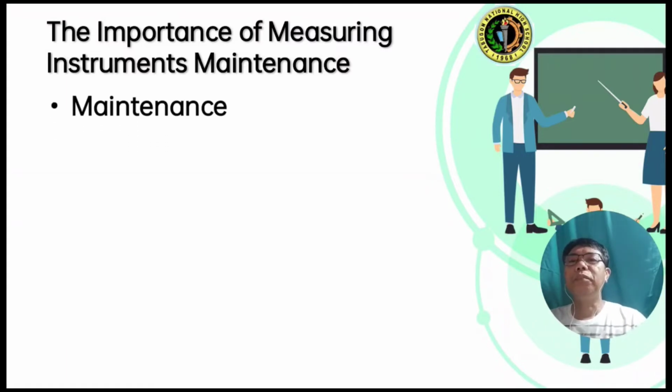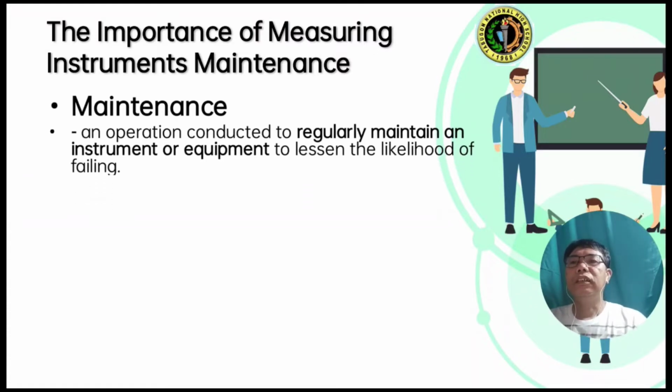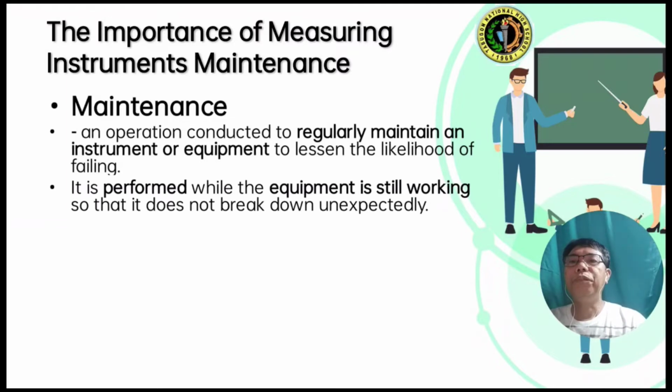Maintenance. What is maintenance? It is an operation conducted to regularly maintain an instrument or equipment to lessen the likelihood of failing. So the purpose of maintenance is to lessen the failing of the functions of the instruments and equipment. It is performed while the equipment is still working so that it does not break down unexpectedly.